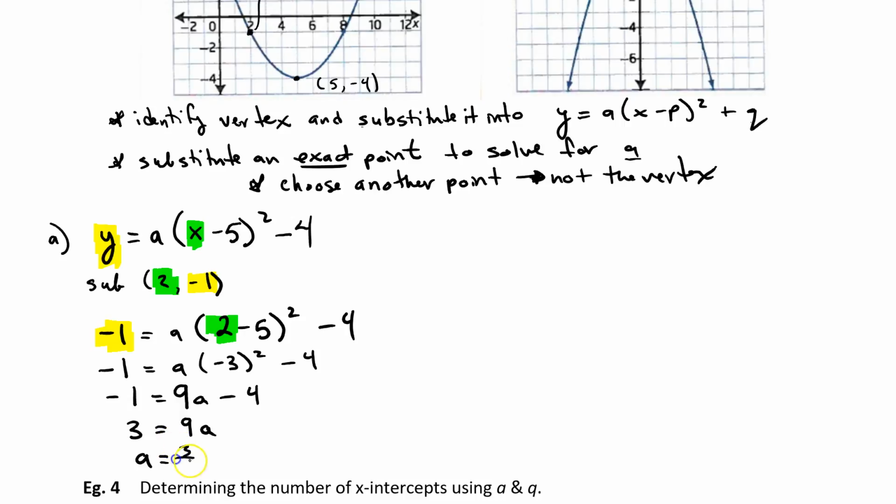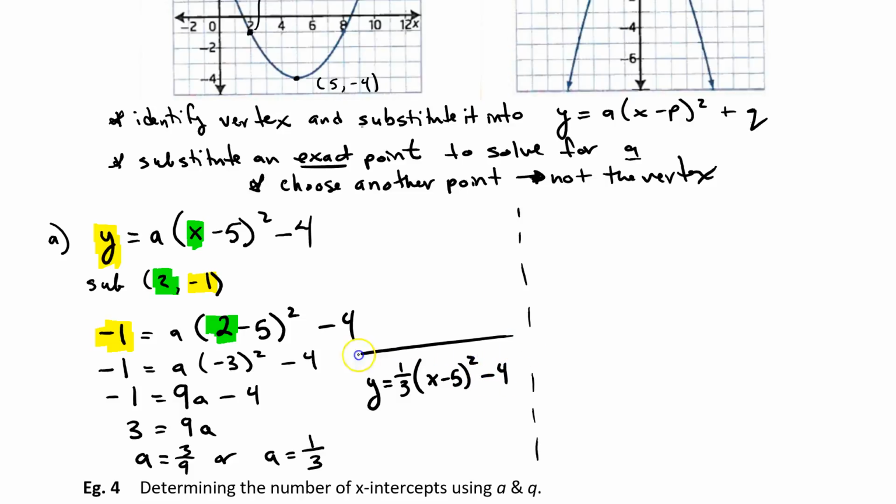So 3 over 9, or we can clean it up a bit, give a pre-calculus answer. a equals 1/3. So my final answer is going to be this equation right here, but substituting my a as 1/3. So y equals 1/3 (x minus 5) squared minus 4. I'm going to put a box around it so it's very clear.